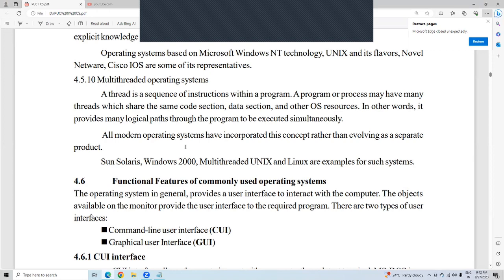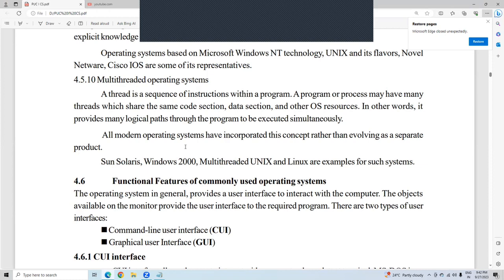In other words, it provides many logical paths through the program to be executed simultaneously, right? For this concept, Sun Solaris, Windows 2000, multi-threaded Unix, and Linux are examples of such systems, right?